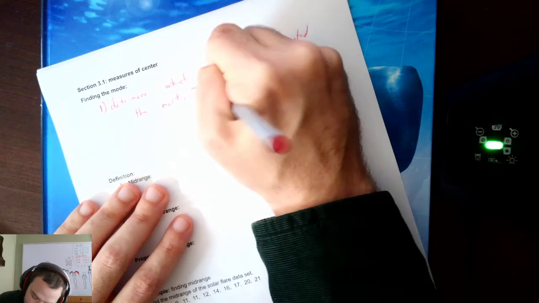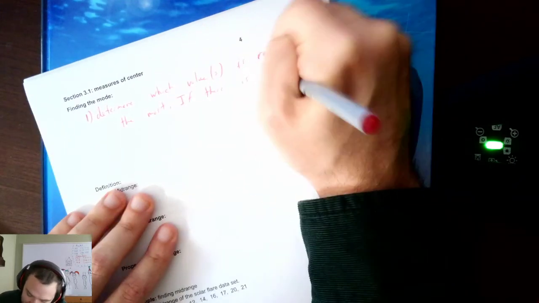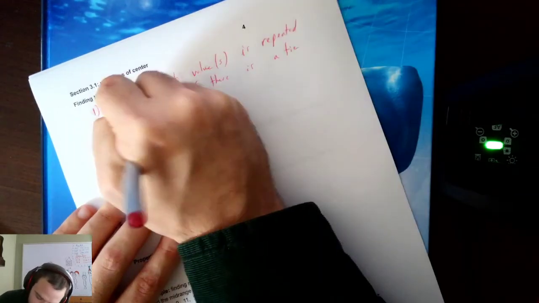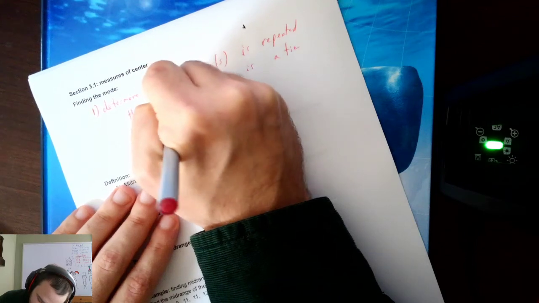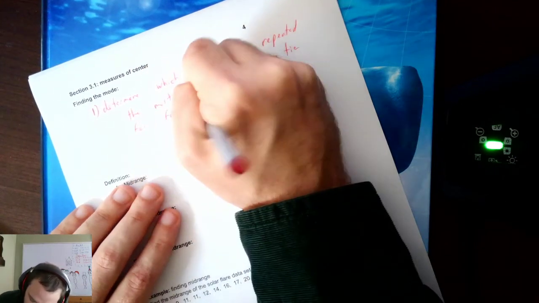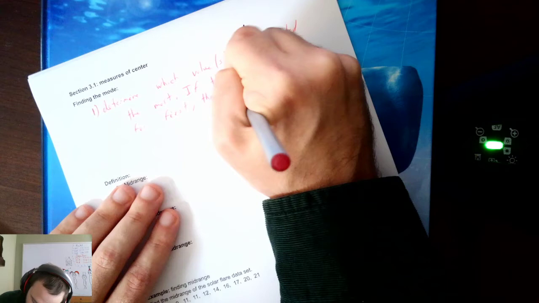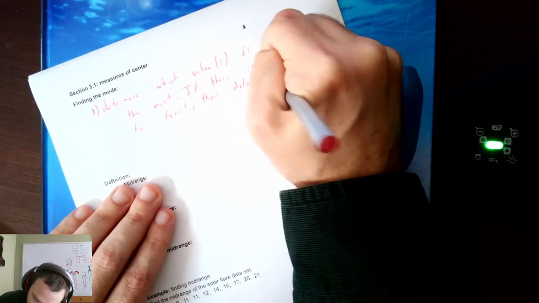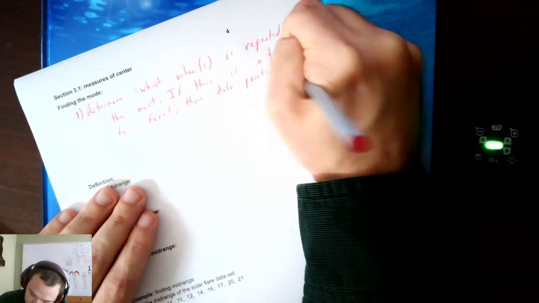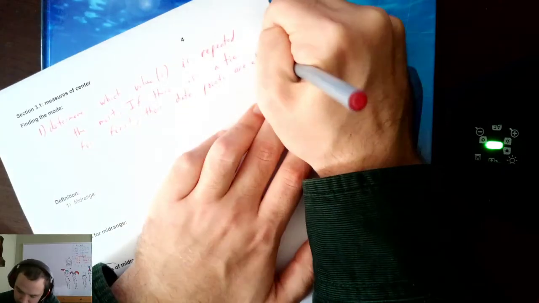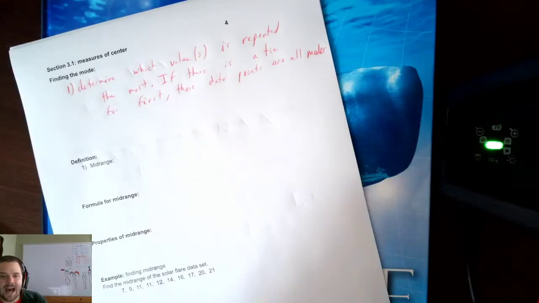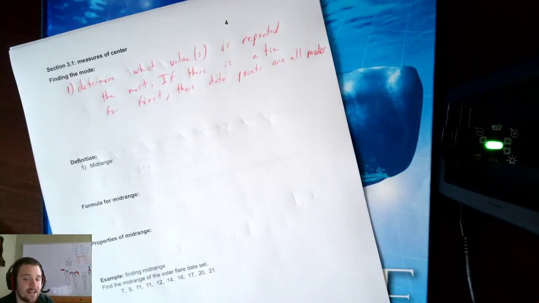If there is a tie for first, those data points are all modes. If you have a tie for first, let's say you have 3 numbers that all appear 7 times, then all of them would be modes. You can have 3 modes. If they tie, then you can have multiple modes.